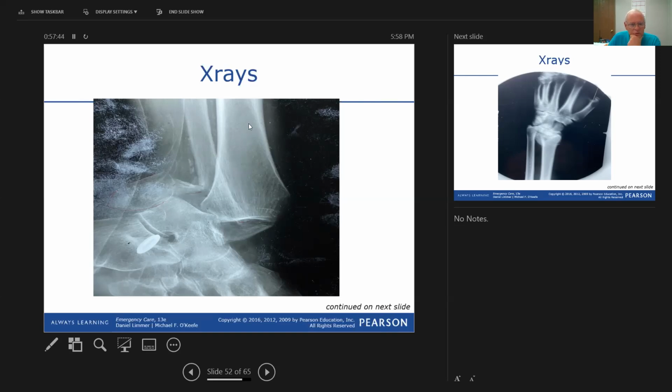Hopefully you can see my cursor, but the big bone in the center that goes up, that's the tibia. And the flat part at the bottom of that is supposed to be on the flat part of this tarsal bone, okay? So it's dislocated. The other thing, if you look closely, here's the fibula coming down. Again, remember the fibula, as I mentioned a couple weeks ago, is not attached to the femur like the tibia is, with cartilage in between and ligaments.